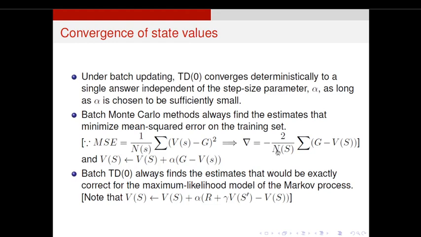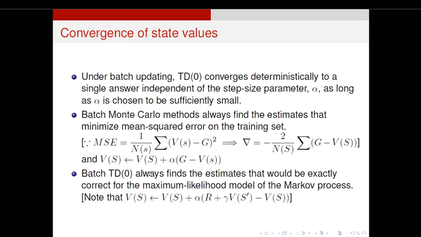See, it is a negative expression. To get the minimum of this negative expression, it is enough to maximize this. So maximize this expression. I exclude this sigma. This 2 by n of s is incorporated in this alpha. So G minus V of s is here. So iteratively, minimization of this mean square is the same as maximization of this expression.